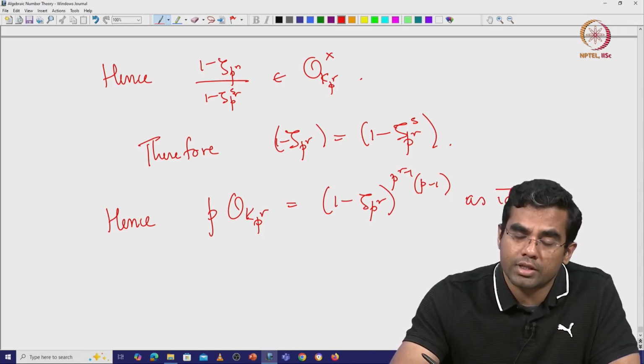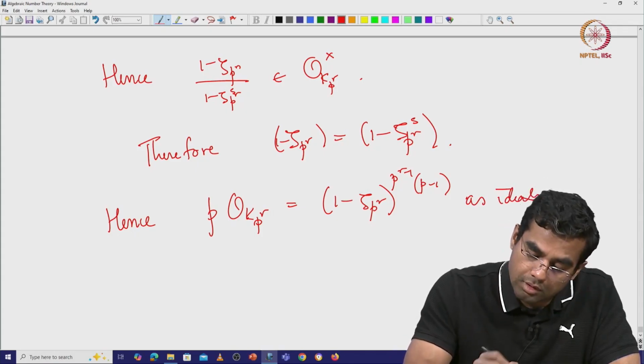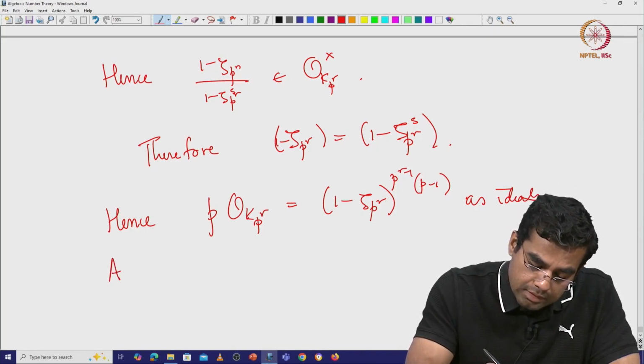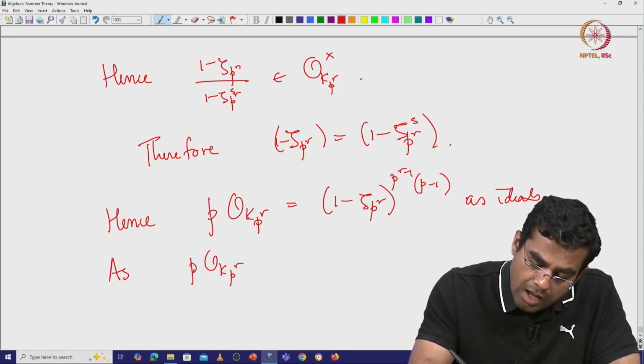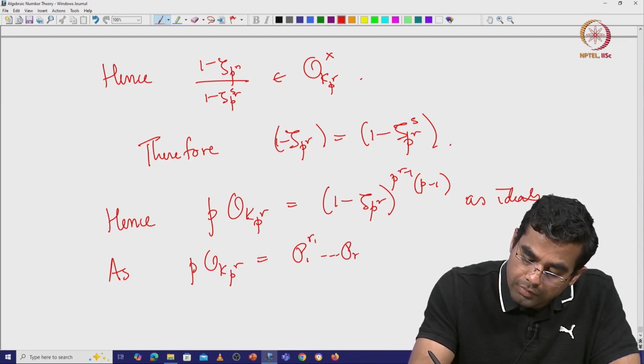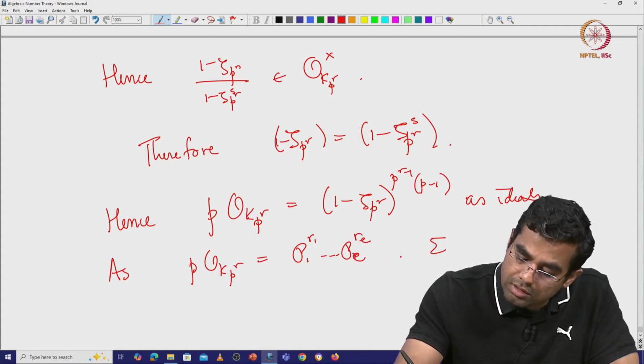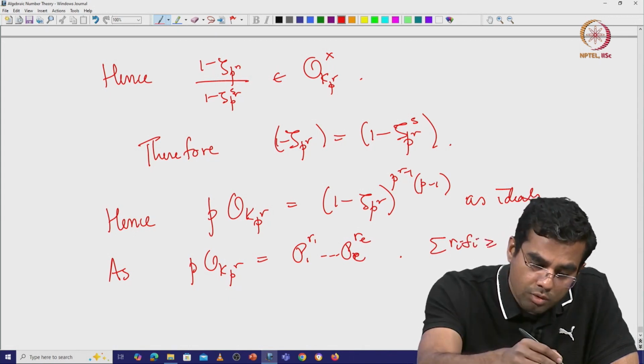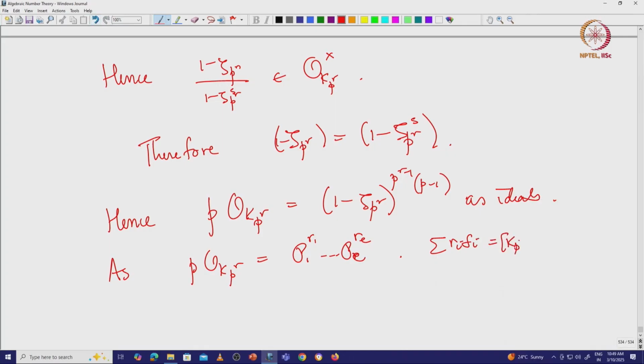Now, I do not know whether this is a prime ideal or not. Even without knowing this, we get, as p O_K(p^r) is some p1 to the r1 and so on up to p e to the re, with summation r_i f_i greater than or equal to the degree of K(p^r) over Q, we get that the degree of K(p^r) over Q is bigger than or equal to p to the r minus 1 into p minus 1.